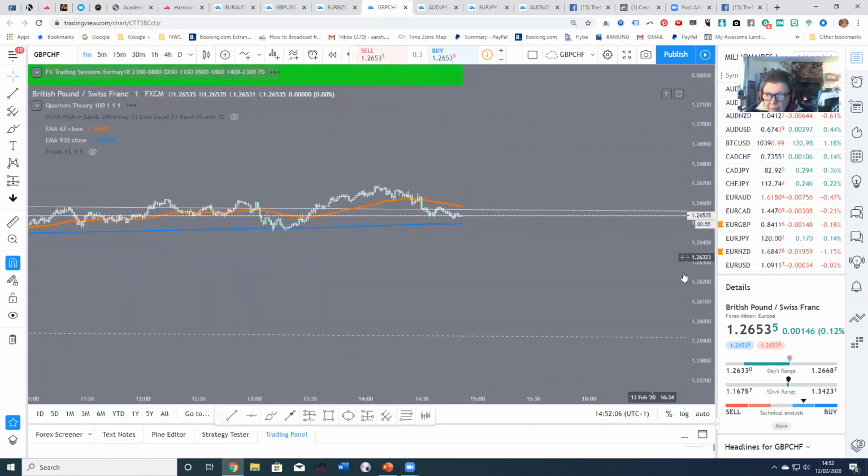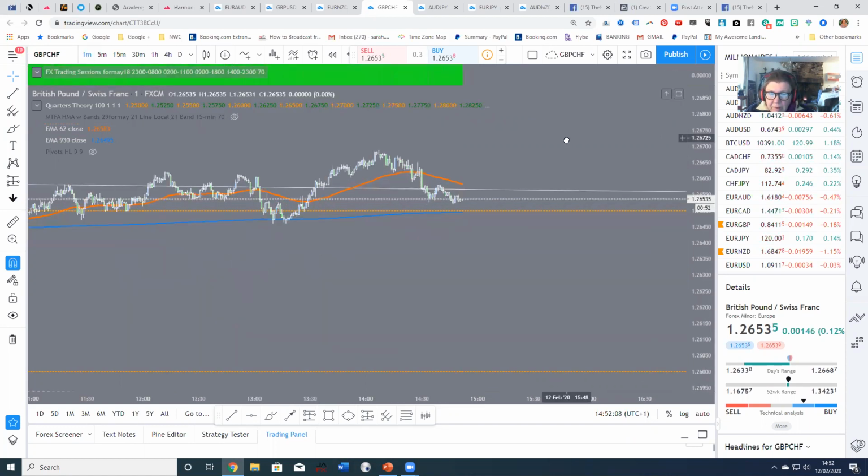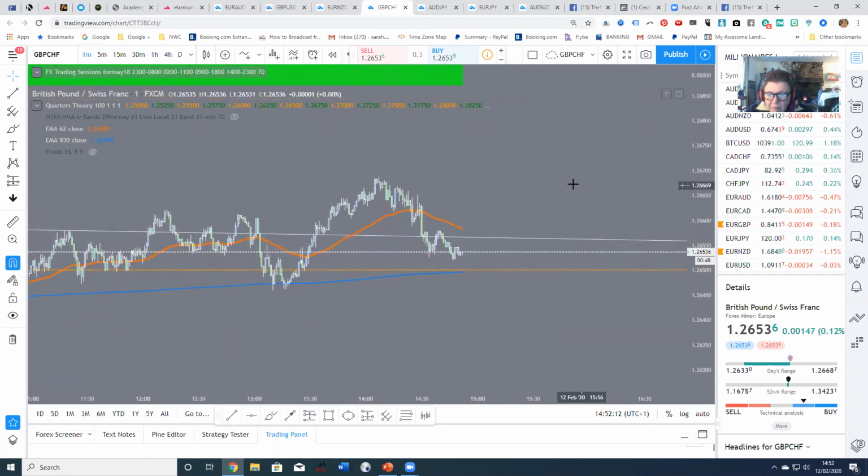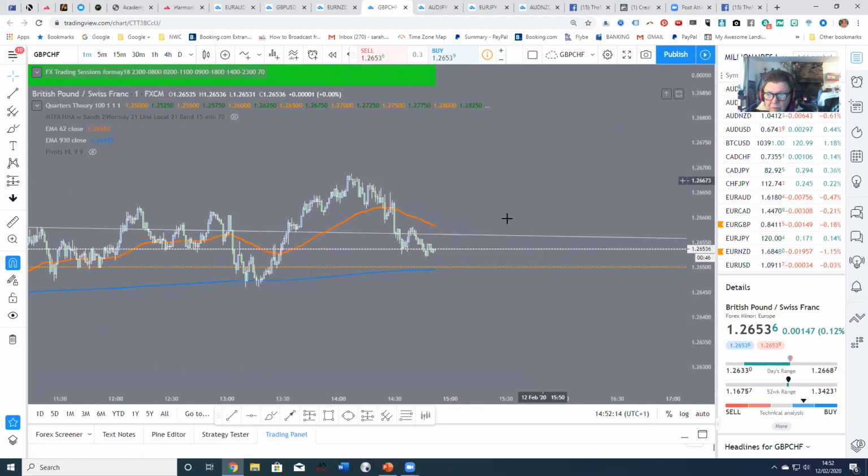Let's go to the 1 minute. Although that 62 is dipping back down. Don't get into a trade in the 10 minutes before the hour, because often you get fake outs. And you can see how price comes down. It's retested quarter theory, retesting the 15-minute. So if you are in a trade and it retraces, don't always panic, because it can be retesting various levels.